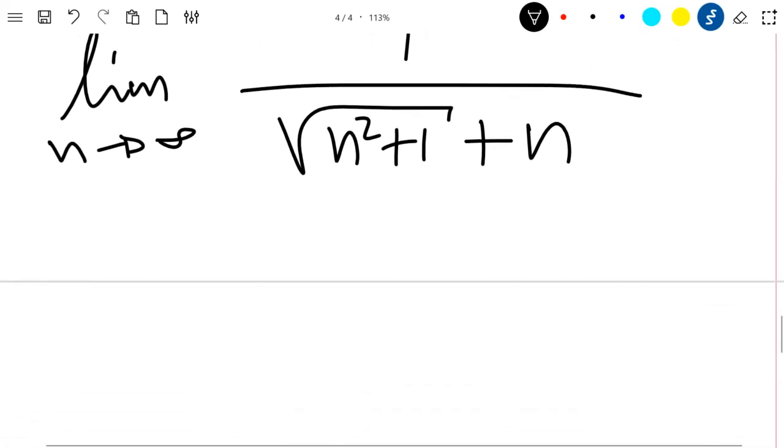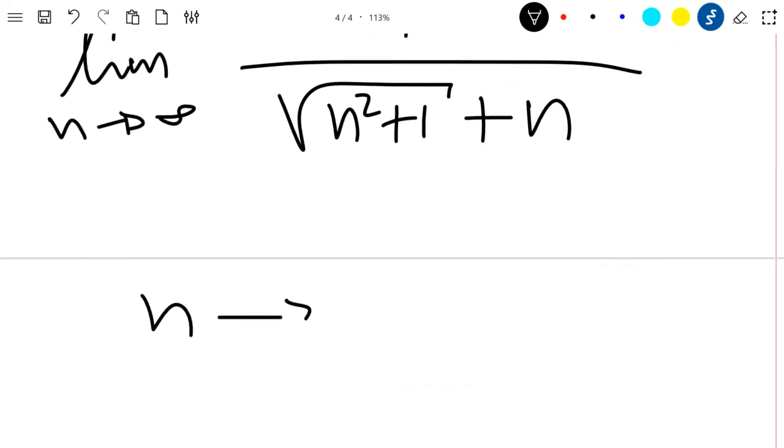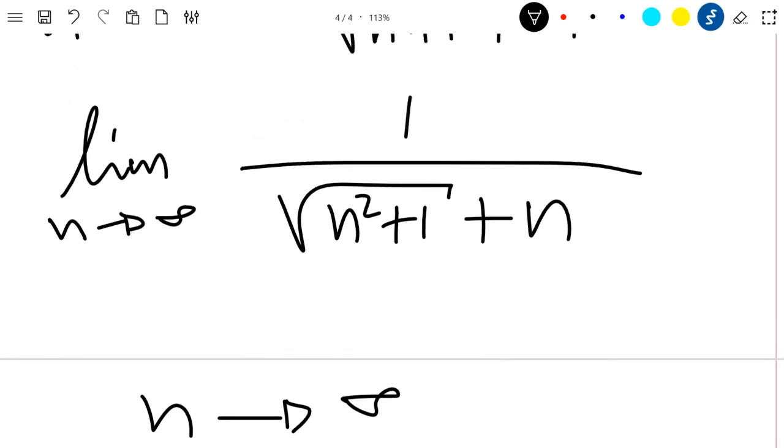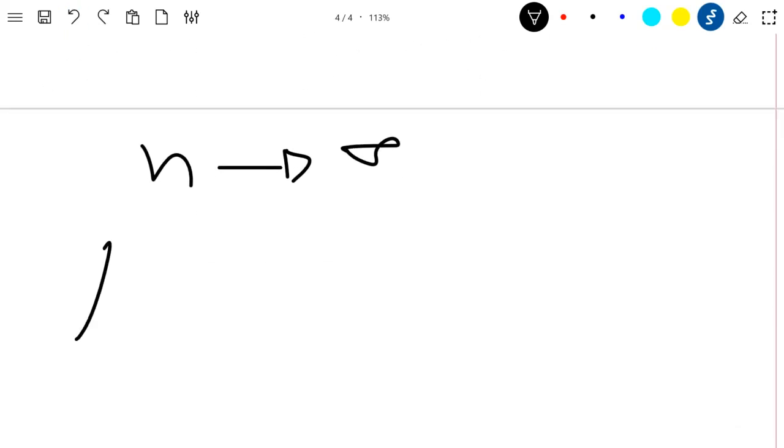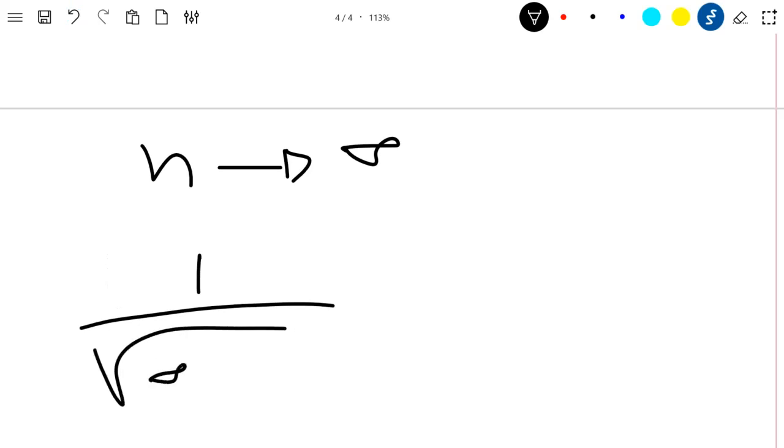And if I know that my n tends to infinity, so if I replace here, 1 divided by infinity, I will just have infinity here and infinity here. So I will stay with the limit, at the limit, 1 divided by the square root of infinity squared plus 1 plus infinity.